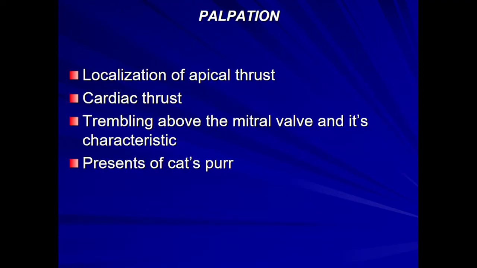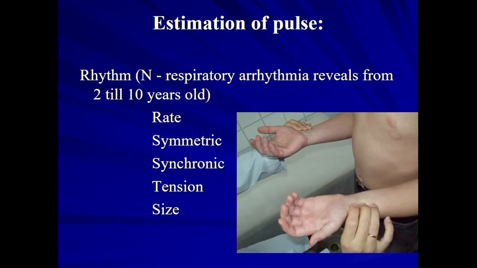Palpation. During palpation we check several parameters: localization of apical thrust, cardiac thrust, trembling above the mitral valve and its characteristics, presence of cat's purr. Estimation of pulse: rhythm, rate, symmetric or asymmetric, synchronic or asynchronic, tension and size.